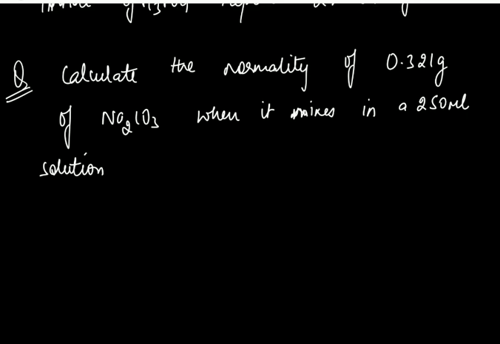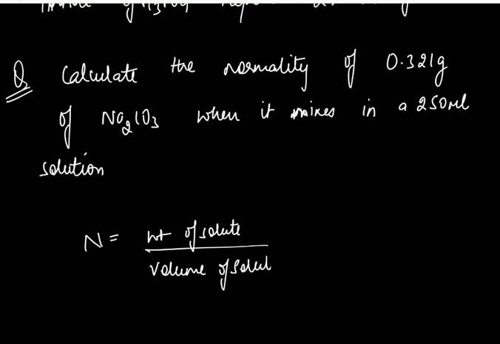So over here we know normality is equal to what? Number of gram equivalents divided by volume of solution in liters. So I'll be writing like this: weight of solute divided by volume of solution in liters, into equivalent weight.